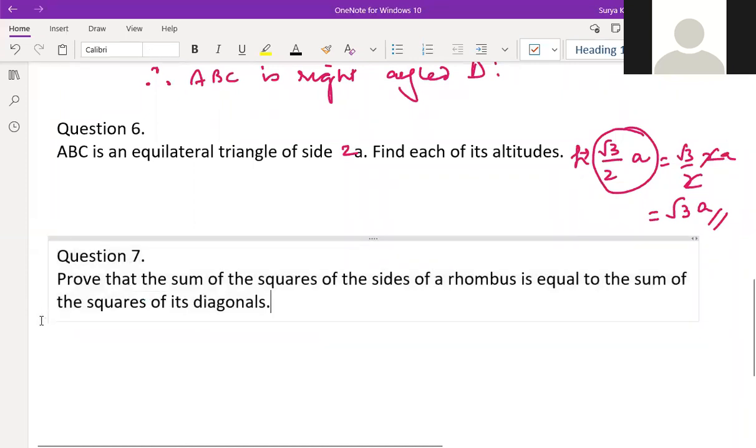This question we tried, isn't it? This question, who can do?